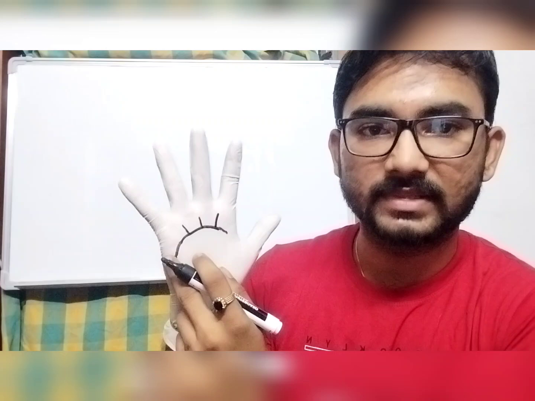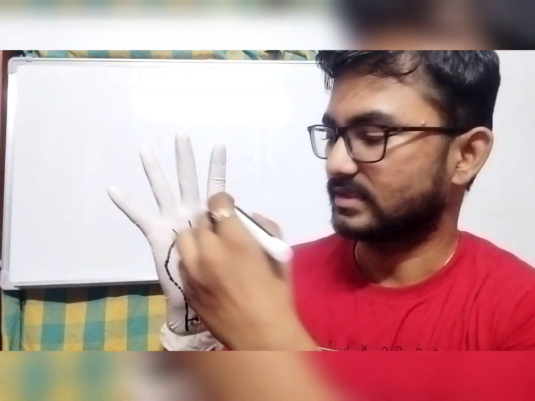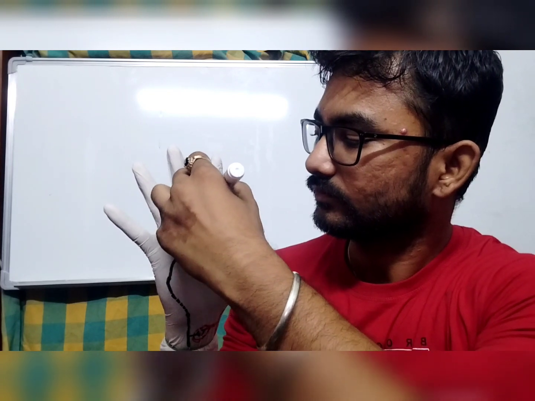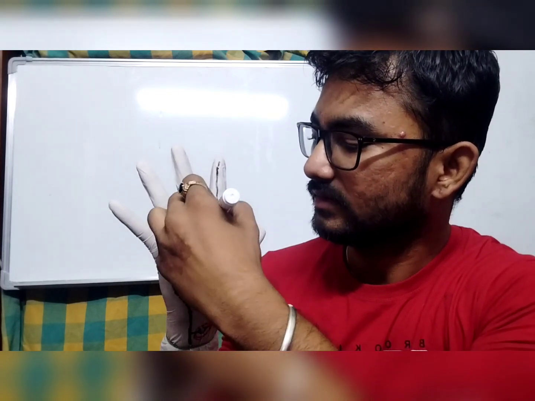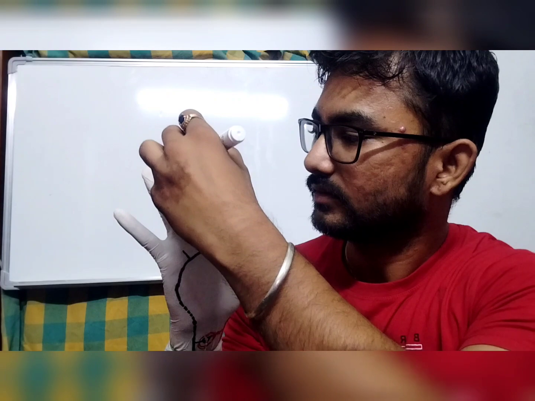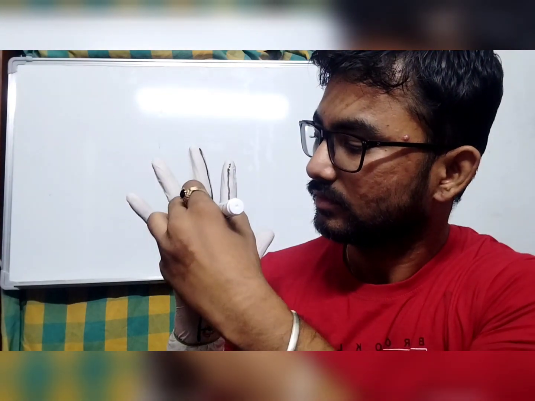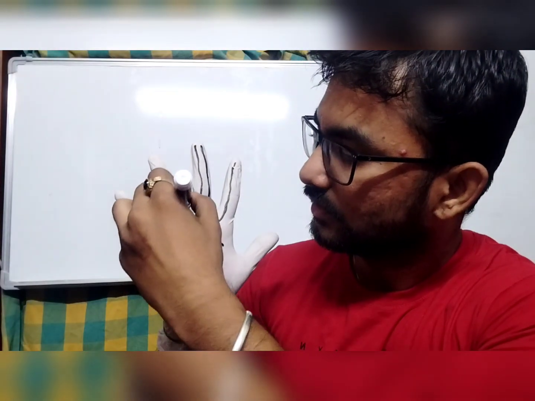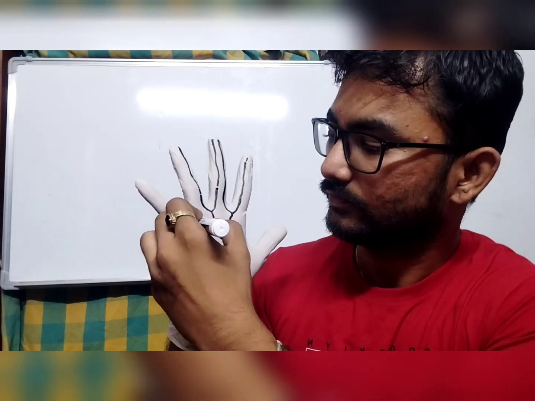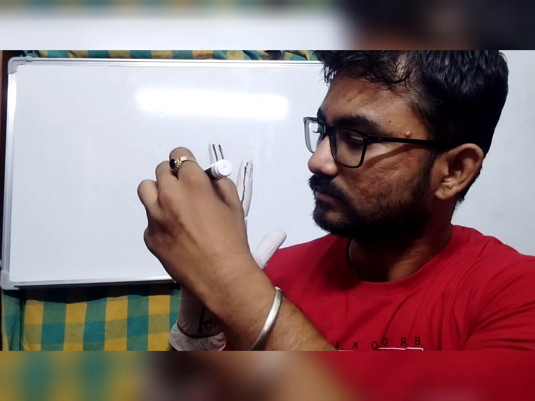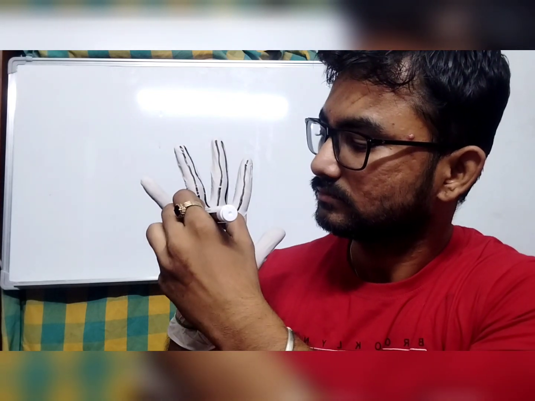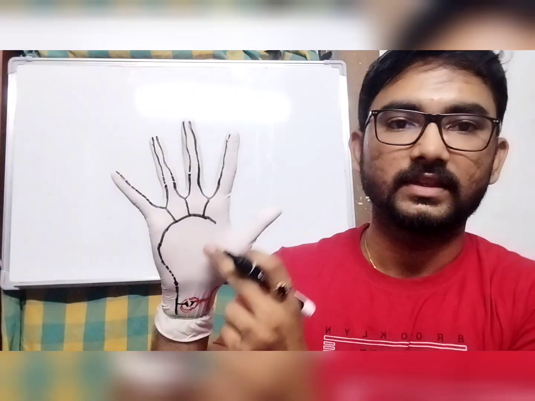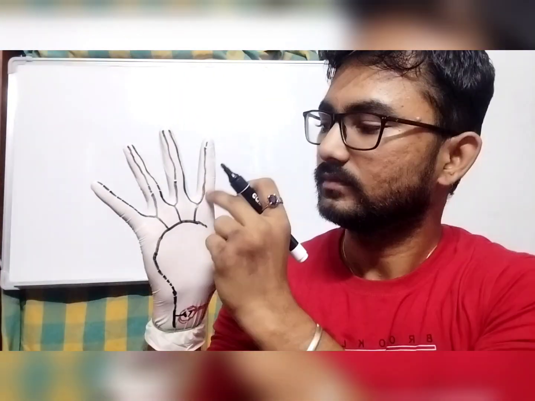Each of the three branches again divides into two branches. So each of these arteries divides into two arteries.